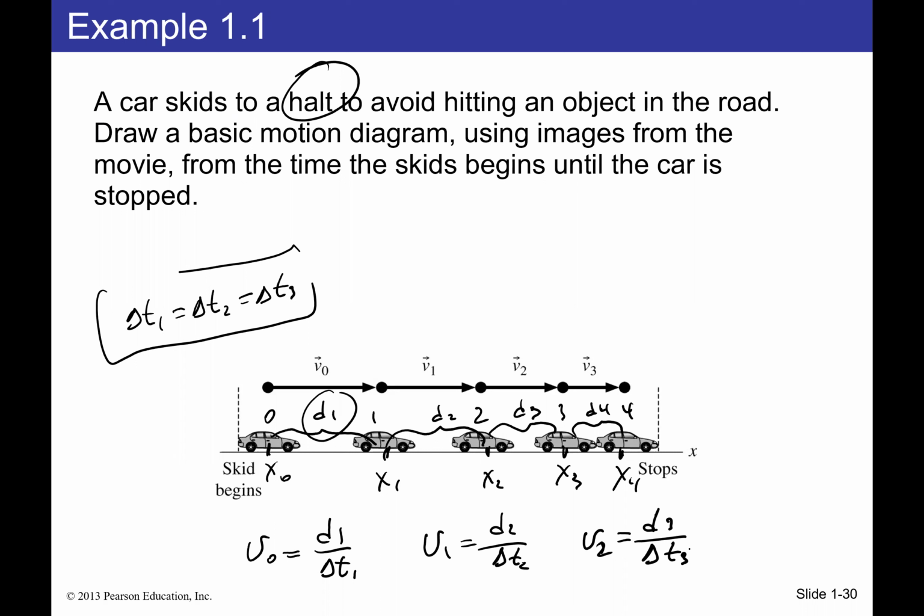Now, we're going to learn later on that these are vectors. Velocity is a vector. Speed and velocity: speed is the magnitude of the vector of the velocity. Speed just represents how fast it's moving, but velocity is a quantity that represents not only how fast something is moving, but also in which direction.